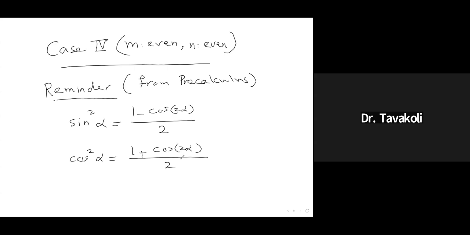The good thing about these two formulas is that the left sides, which are of degree 2, are written in terms of trigonometric expressions of degree 1. Like for the first one, the power is 2, but on the other side, there is no power of 2. That 2 in 2 alpha is a coefficient of alpha, not a power.